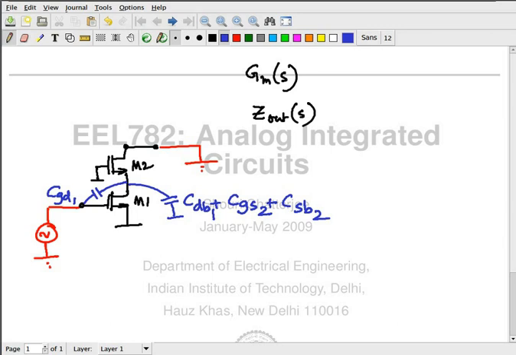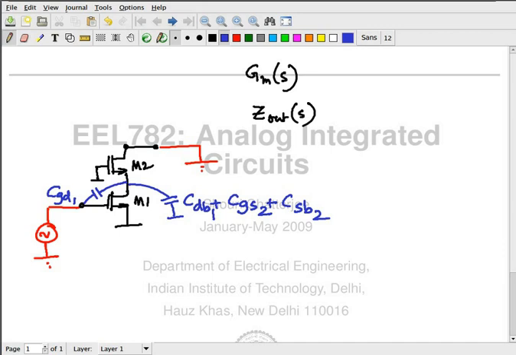Both sides are grounded. It's not significant. What about drain to gate? Drain to gate also is not significant because both sides are grounded. Gate to body? Gate to body is also not significant, both sides are grounded. Alright, so this is my basic picture. This is all that I have.